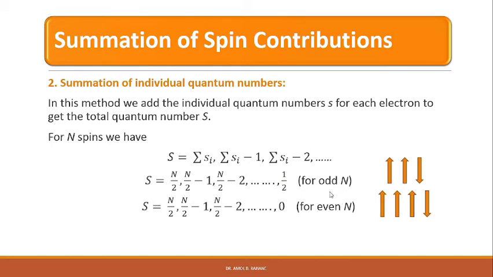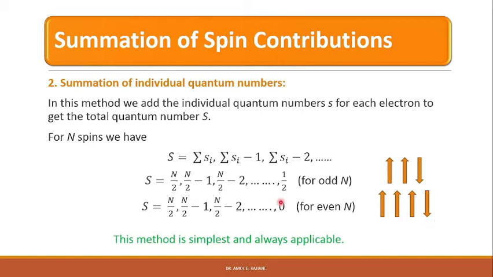That is, S is either integral or 0 only if the number of contributing spins is even, or half integral only if the number of contributing spins is odd. This method is the simplest and always applicable.